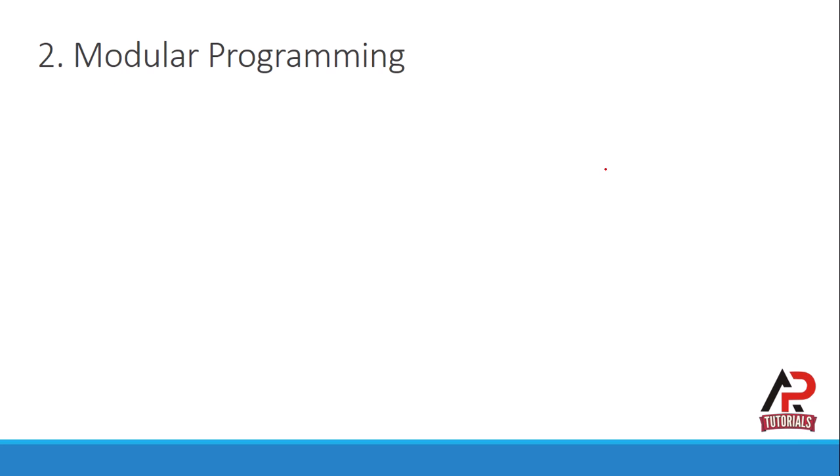In procedural programming, we divide the main program into subprograms and just call them using functions. In modular programming, a program is progressively decomposed into smaller partitions called modules.